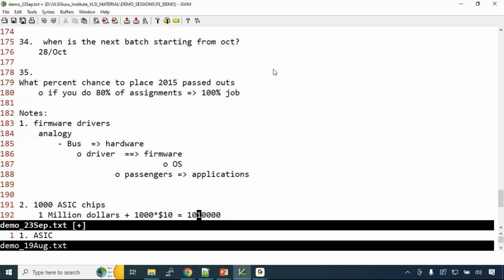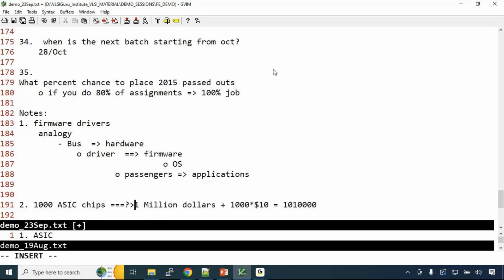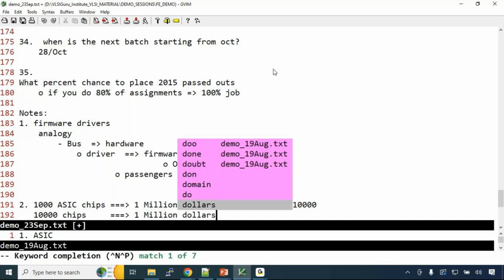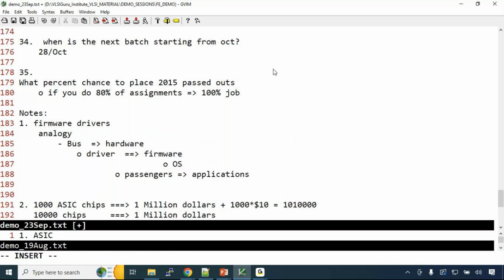This is the cost. Even if I have to make ten thousand ASIC chips, the minimum initial investment will still be the same. $1 million is constant, is common.